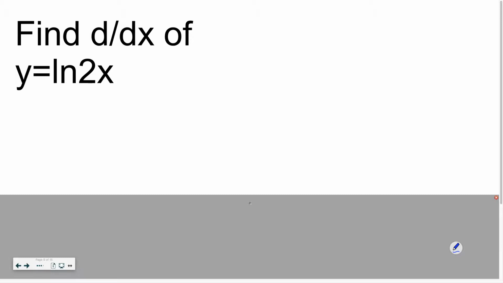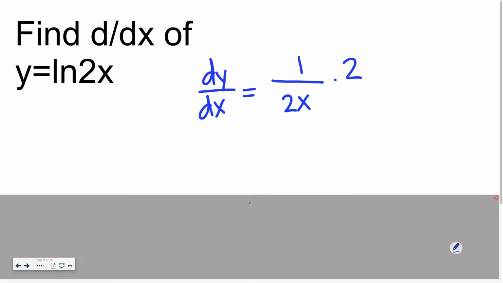So if y equals the natural log of 2x, then dy dx is going to be, well, it's a natural log, so we're going to take 1 over what's inside, times 2.